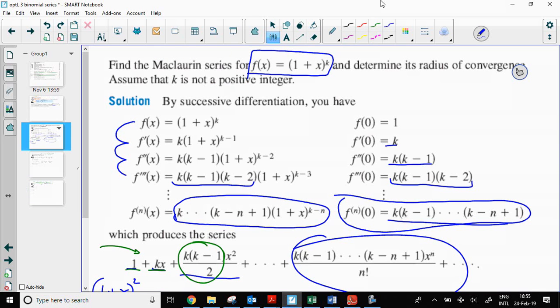Now, recall from over here, if we look at the coefficient of x, we can figure out what coefficient comes in front of it. Look, when x was to the power of 1, we got just k. When x was to the power of 2, we got k minus 1. When x is to the power of 3, we're going to have up to k minus 2, and so on.